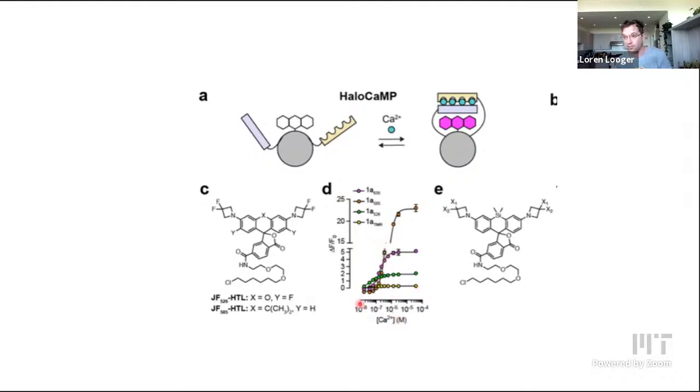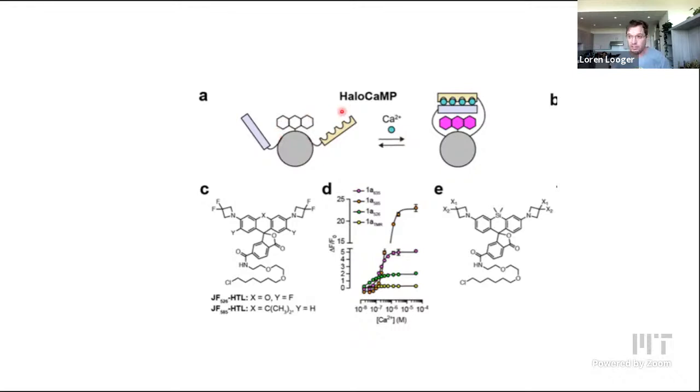I mean, it's a new scaffold, so of course it can't be as good as something that's been improved for almost 20 years. But I think the long-term potential of this is the ability to use far red or even infrared dyes with this.